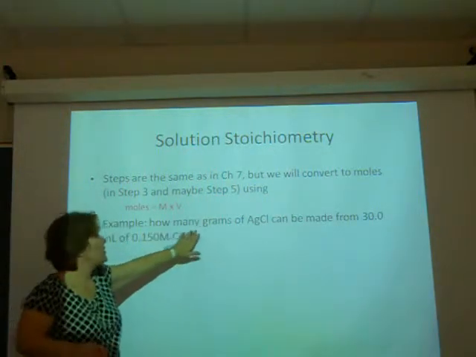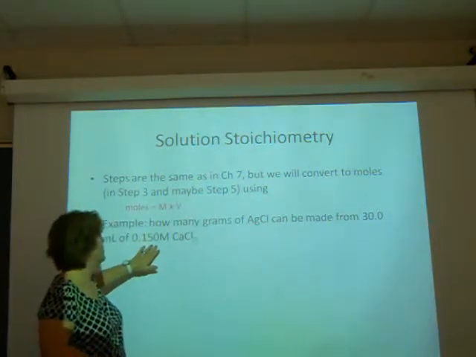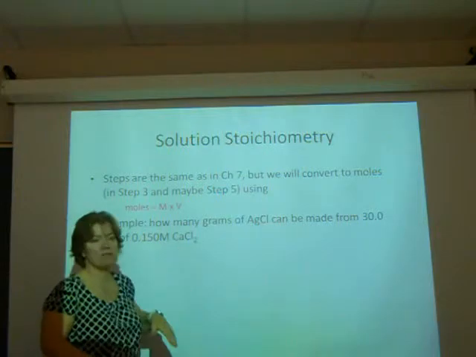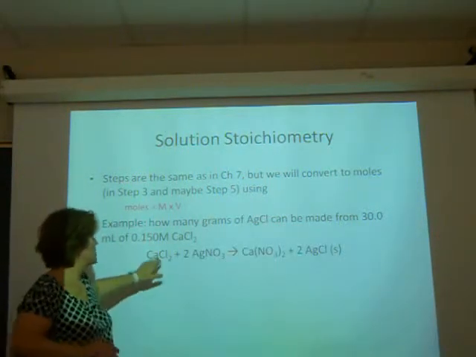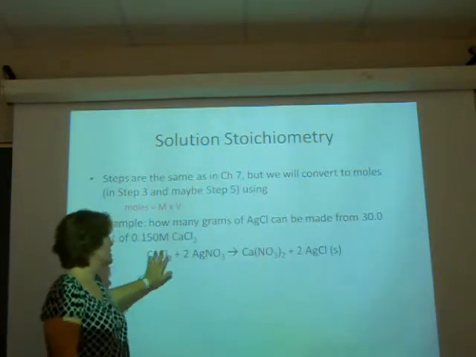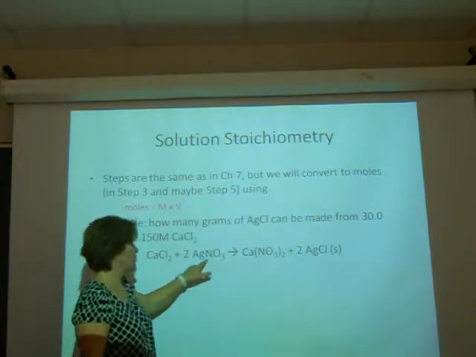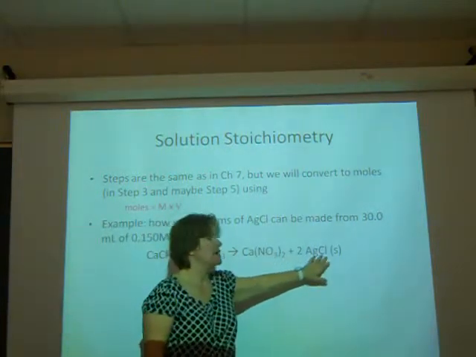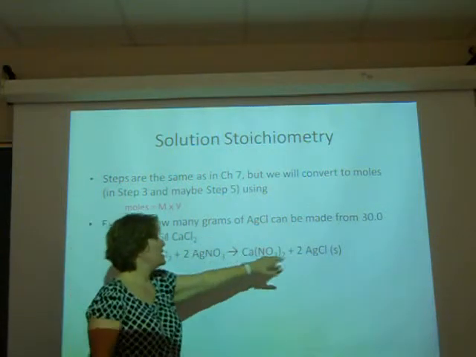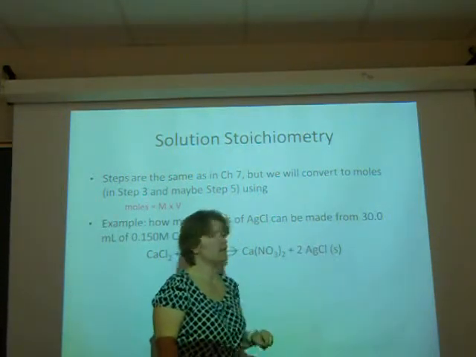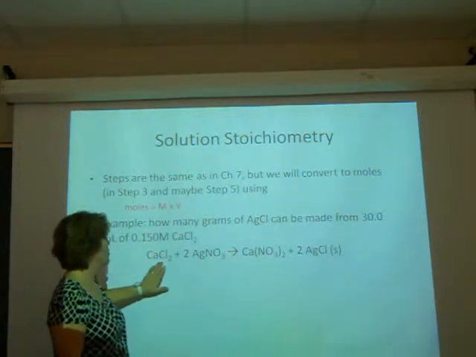For example, how many grams of AgCl can be made from 30 milliliters of 0.150 molar CaCl2? I'm going to need a chemical reaction. Here's my chemical reaction. Calcium chloride reacts with silver nitrate, 2 silver nitrates specifically, to make calcium nitrate and 2 AgCl. This is asking how many grams of AgCl, so I want to know how many grams of product I can make from 30 milliliters of 0.150 molar calcium chloride.